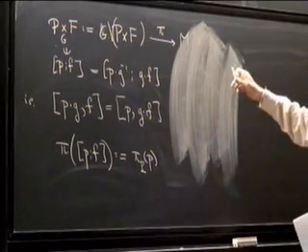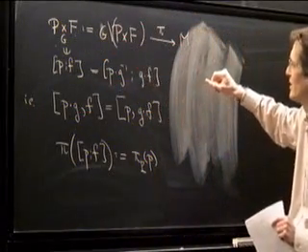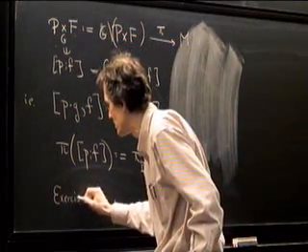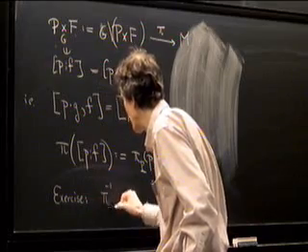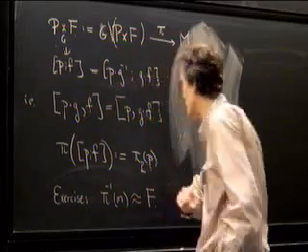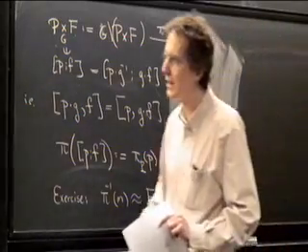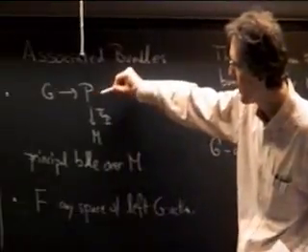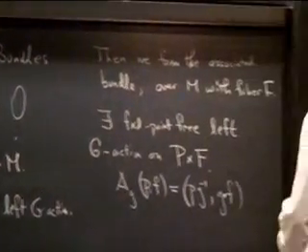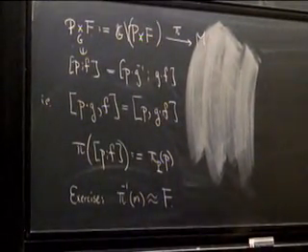I leave it to you to verify that the fiber of this projection is indeed F. So exercise: if I take pi inverse of some M, then that is indeed a space which we can identify with F. So what I've done here is I've gone from a principal G bundle, where the fibers are some group, to some other bundle, where the fibers are the space F.